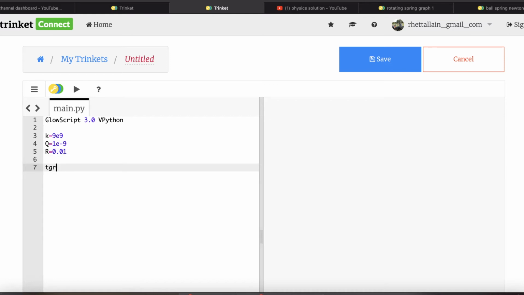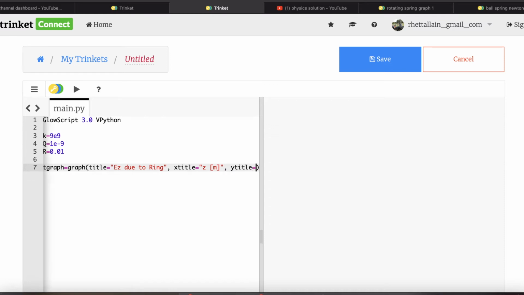Now let's make a graph. Graph equals graph. Let's give it a title. Title equals E_z due to ring. That looks good. Let's give it an X title equal to Z in meters. And then a Y title.